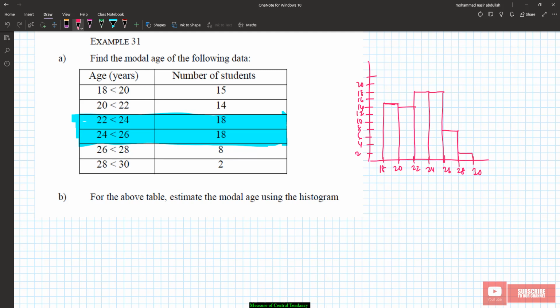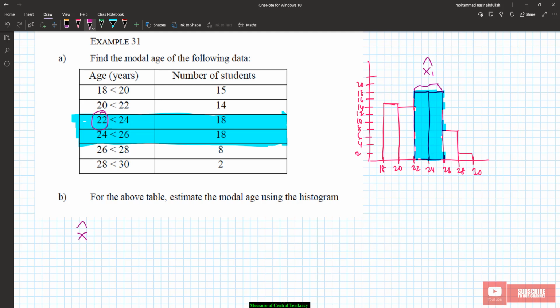By drawing a rough histogram, we can see that we only have a single mode. We can see only one highest, because they sit together, it looks like one. So that means you only have one mode. This is the lower class boundary of the mode, and this is the modal class.